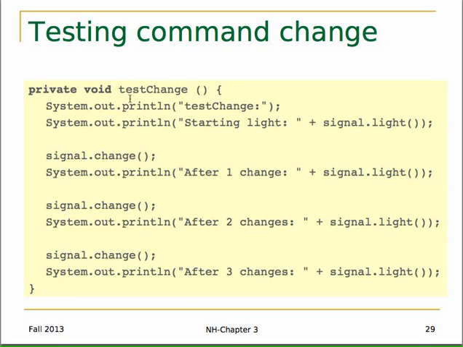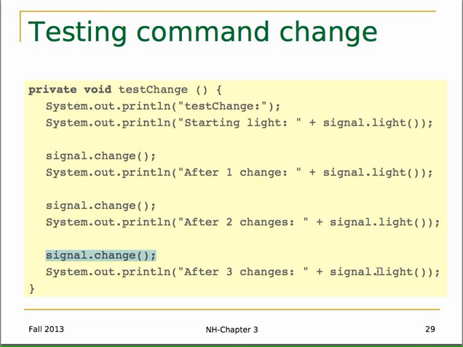Here's our private test change method. We call light to get the current state of the signal, change it once, and then print it out, change it again, print it out, change it a third time, and print it out.